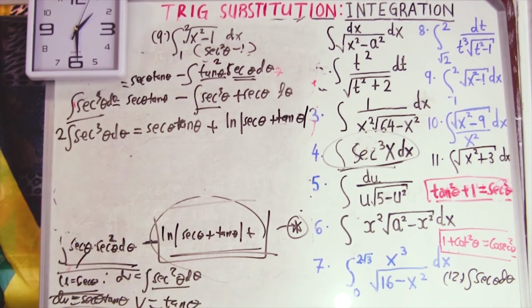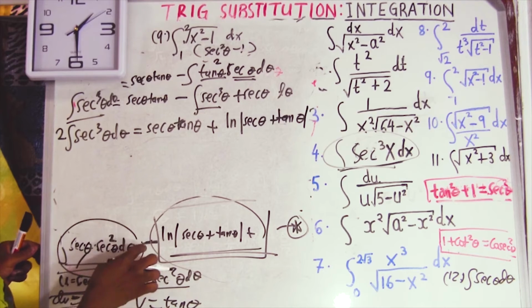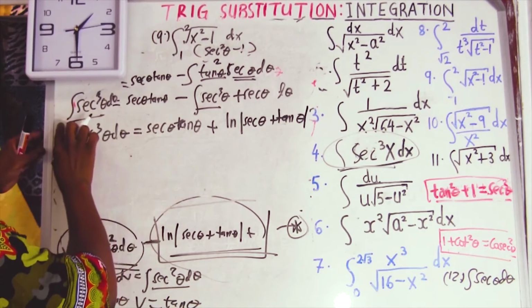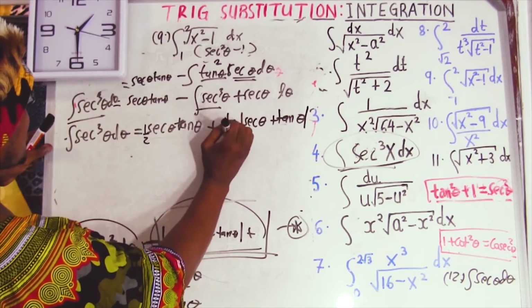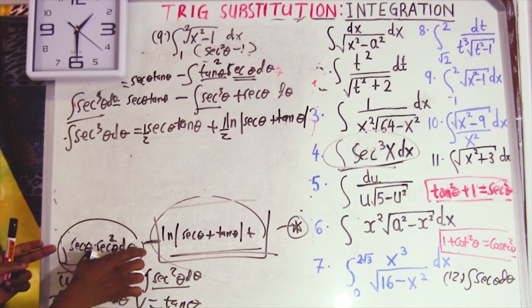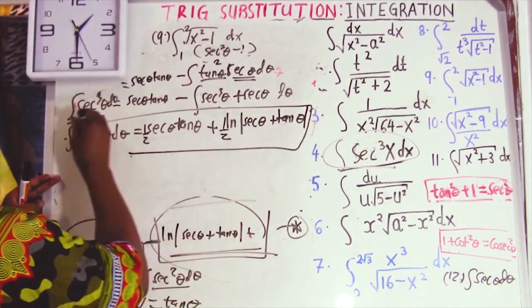Okay, perfect. So what I'm going to do, we can replace this integral of sec cube. Divide by 2 first: this divided by 2 and this divided by 2. If I have to replace this, I'll plug in here. So this is question number 2. I hope you understand.